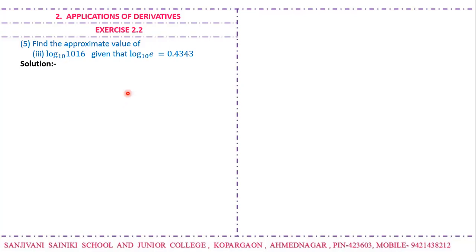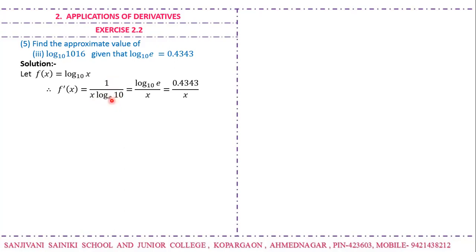Now again we have to find the approximate value of log of 1016 to the base 10. Here the base is 10, so we have to choose the function log of x to the base 10. But we have to keep in mind that for log of x to the base a, the derivative is 1 upon x log a to the base e.